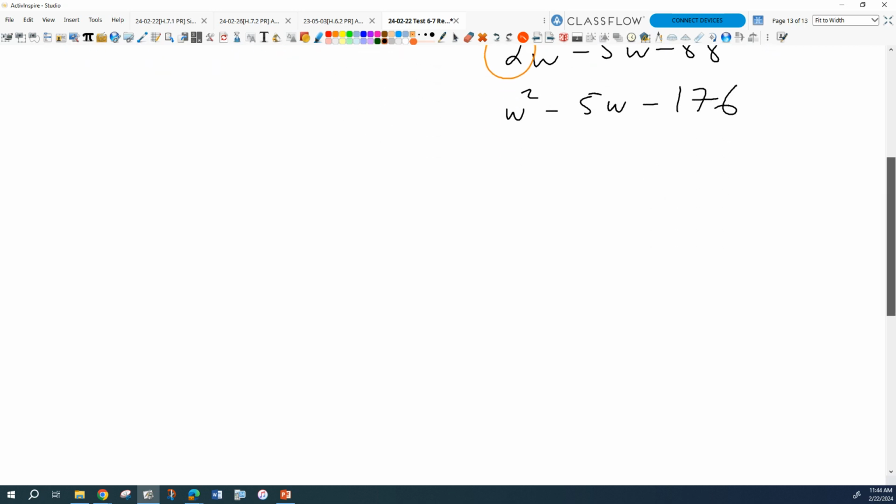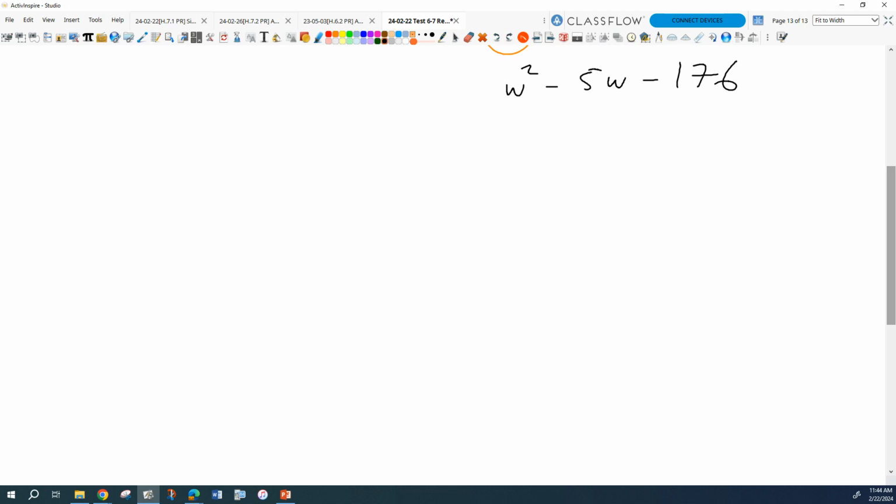Okay, I might need to make a table here, though. So I've got to find magic numbers that do what? They multiply to negative 176 and add to negative 5. Okay, so I want to make a table. Am I going to search through pairs of numbers that multiply to negative 176 or pairs of numbers that add to negative 5? Add to negative 5.